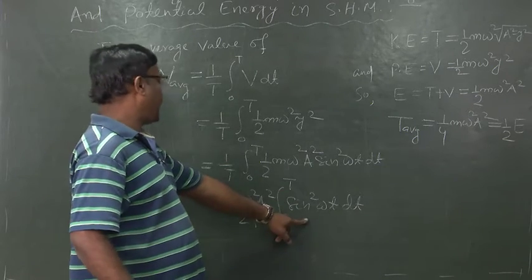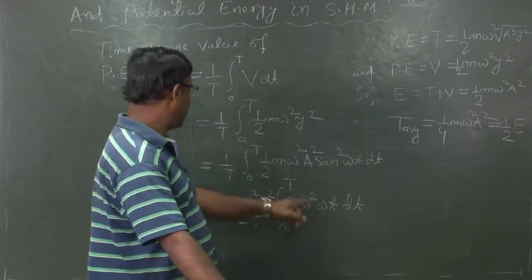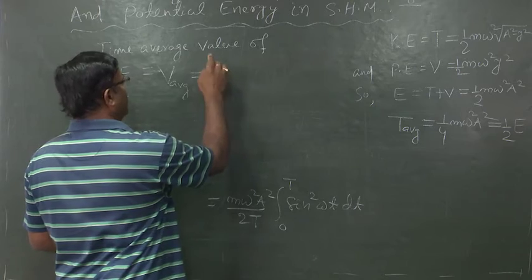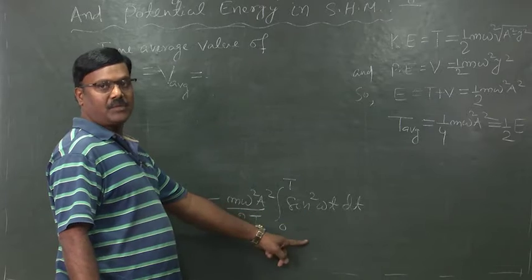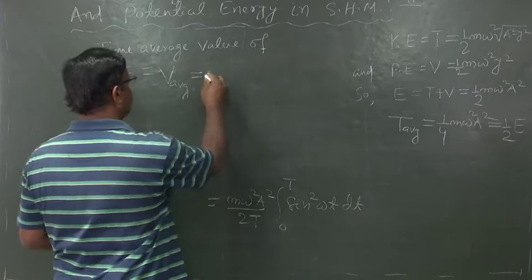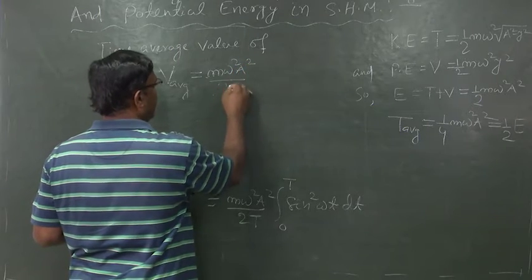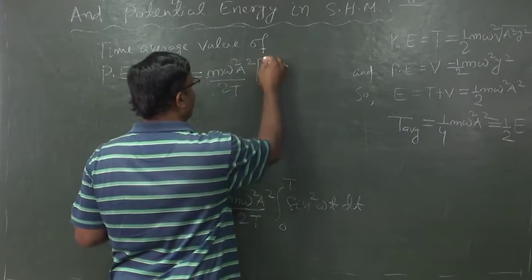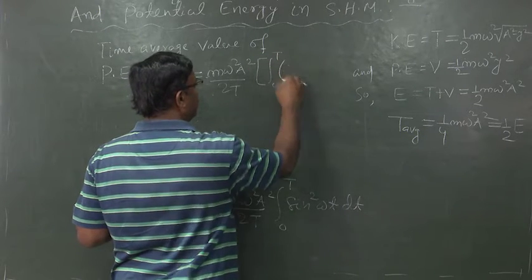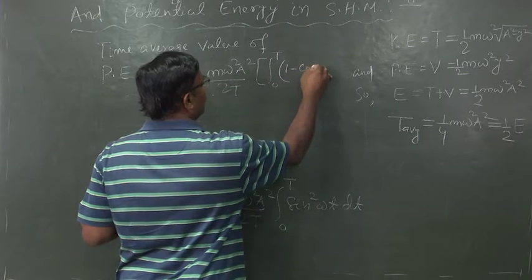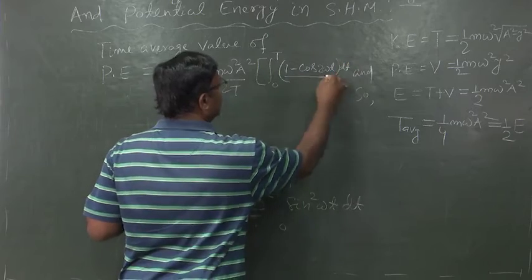So this expression can be rewritten as m omega square a square by 2T, and within integration it will be written as 1 minus cos 2 omega t dt divided by 2.